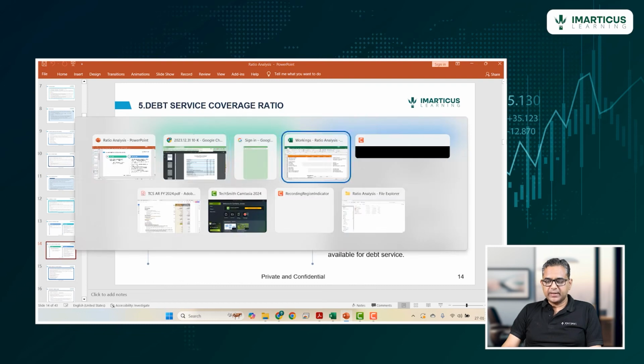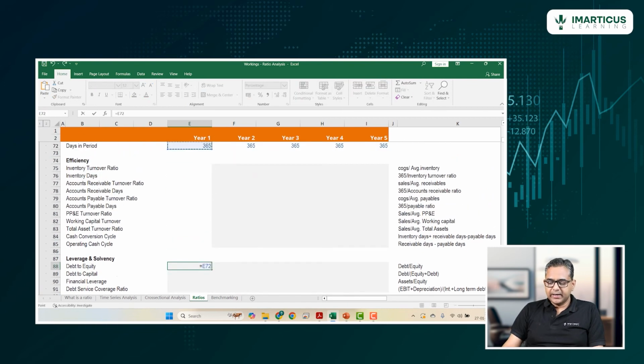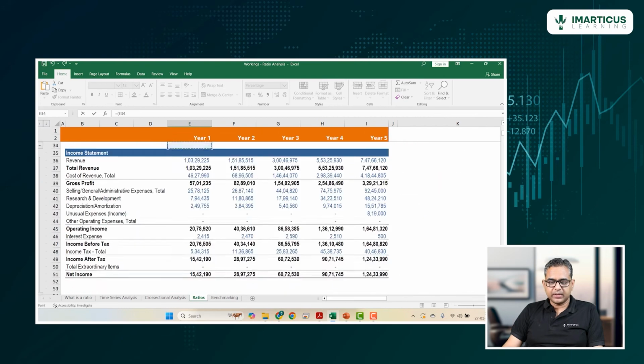So let's look at the workings now. How do we calculate these ratios? First is debt to equity. So we'll look at total debt. Total debt can include short-term as well as long-term debt.